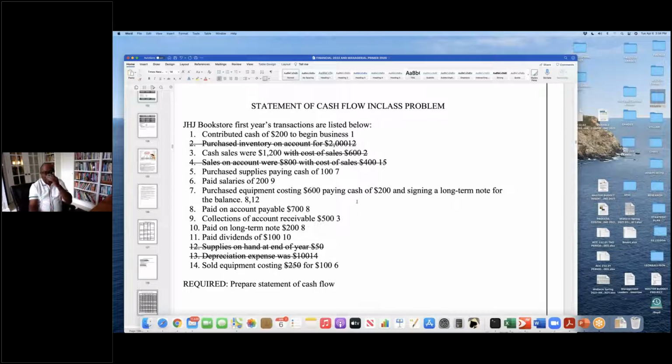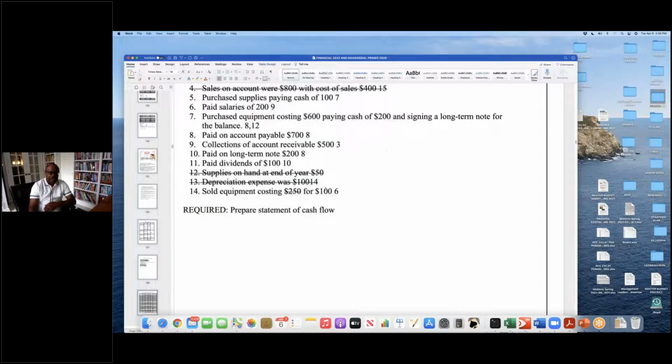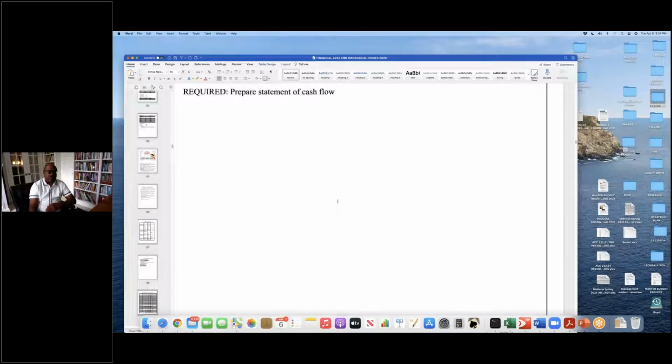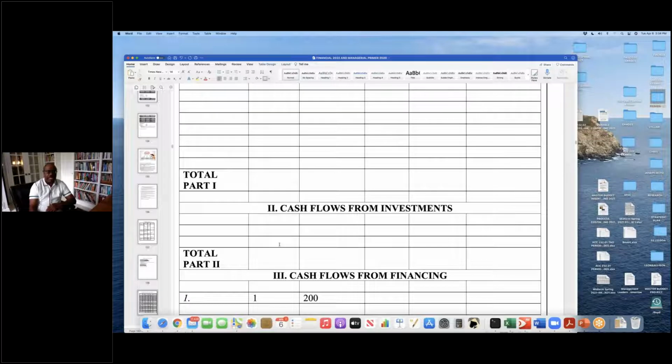Then let's look at this purchase of equipment. So we want to show $600. The net cash is 200. But we know we bought $600 worth of equipment. So when we do 7, 600, 200, we do 7, we purchase an asset.